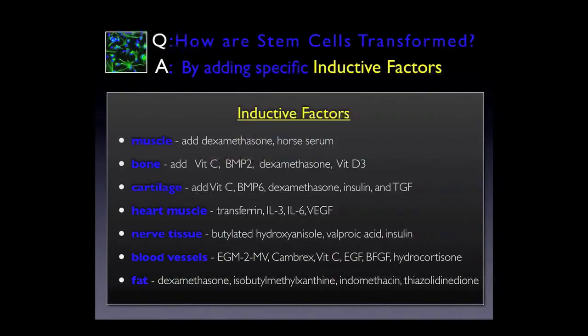I apologize, the blue did not show up real well, but real briefly for those of you who can't see the blue: the first one there is muscle, next one is bone, cartilage, heart muscle, nerve tissue, blood vessels, and fat. Basically, if you add these inductive factors, stem cells will automatically differentiate into those areas.